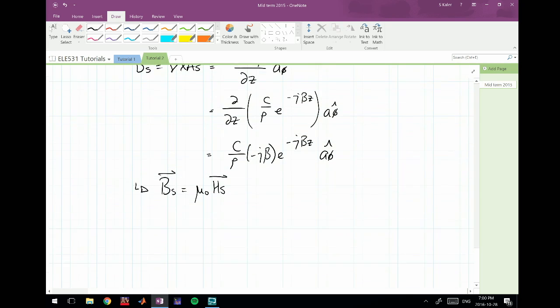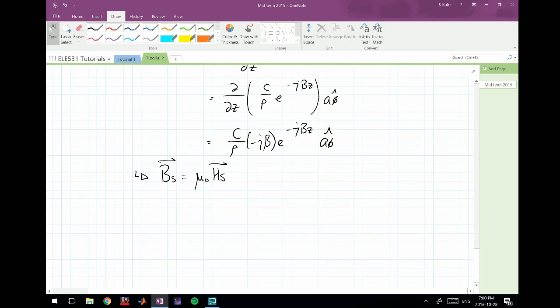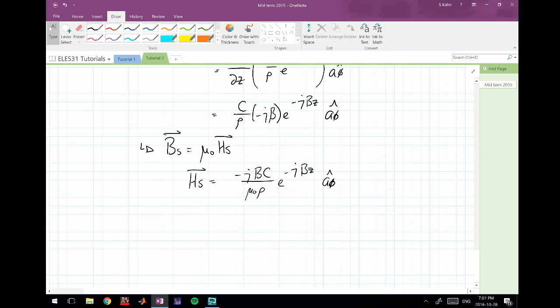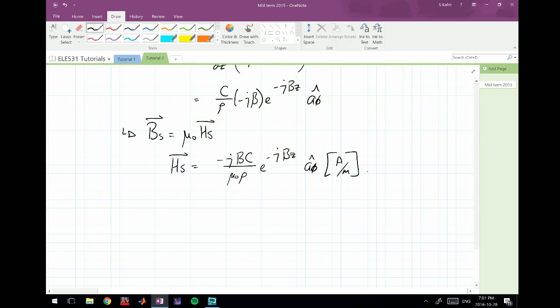And so then we realize that Hs is going to be minus j beta c over mu naught rho e to the minus j beta z a phi, and we don't want to forget our units, even though he forgot his units, so somebody should go point that out. Amps per meter, and that is between A and B.